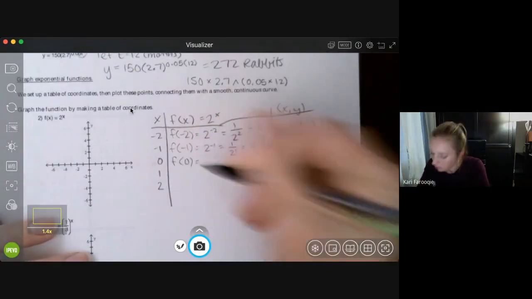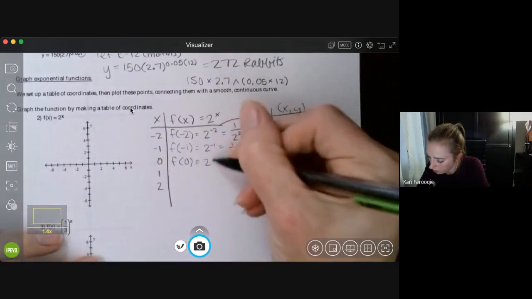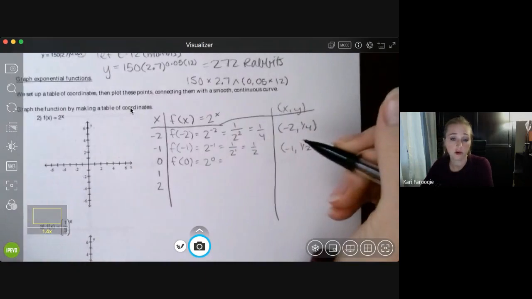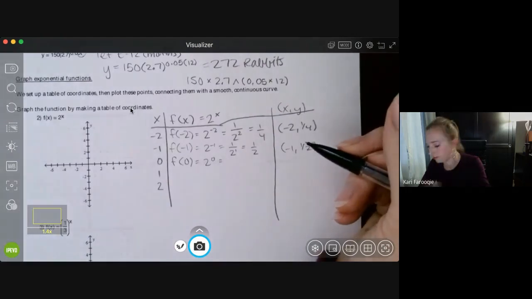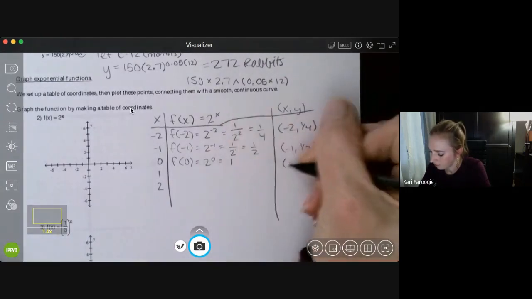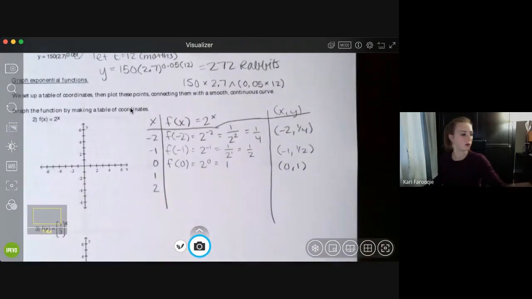F of 0 is kind of an anchoring key point on these graphs. F of 0, in this case, is 2 to the 0. Any real number to the 0 power is 1. Don't forget that. You're going to use this a lot. A real number to the 0 power is 1.